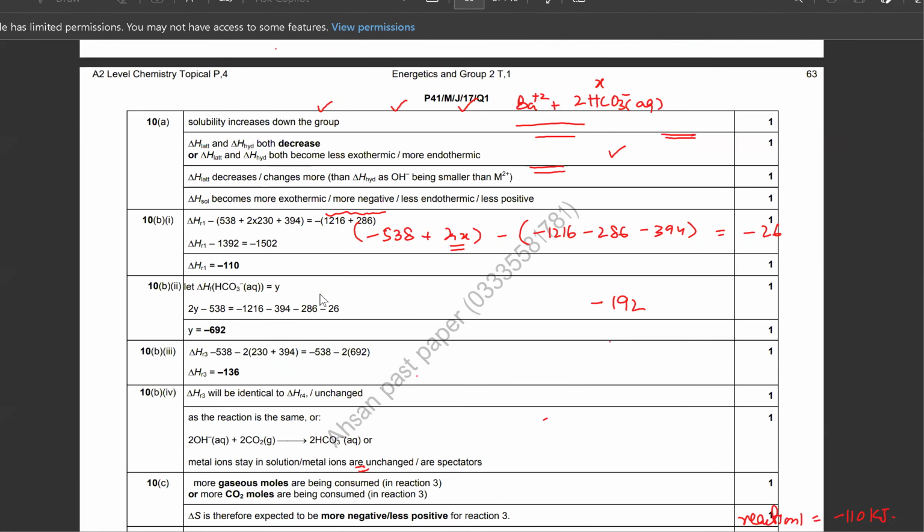So for this, the first one was minus 110, the second one is, I mean, they've given minus 692. Yes, sir. I also got minus 692.